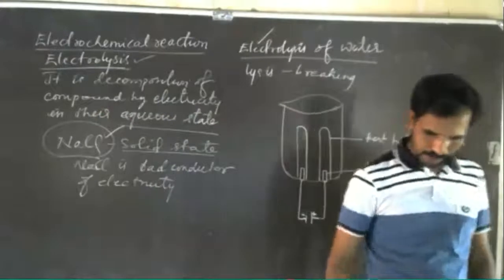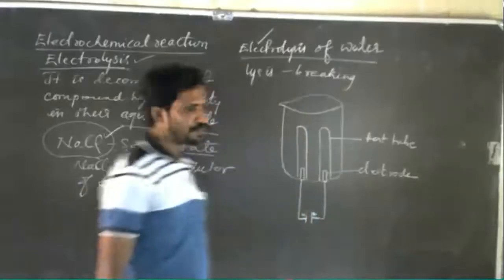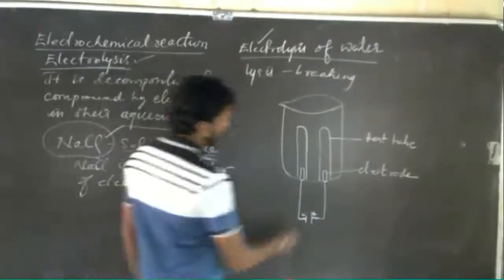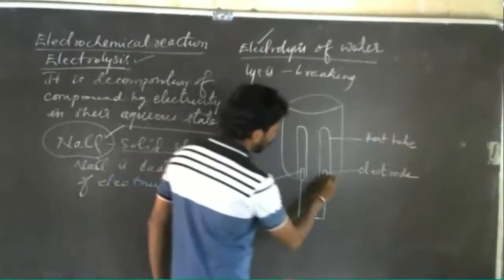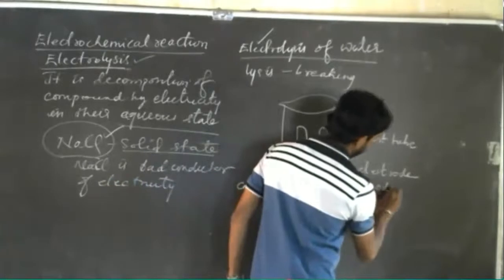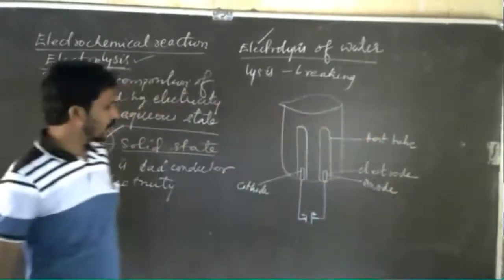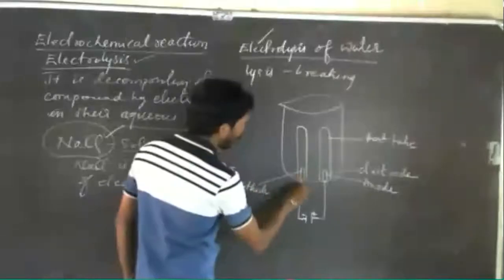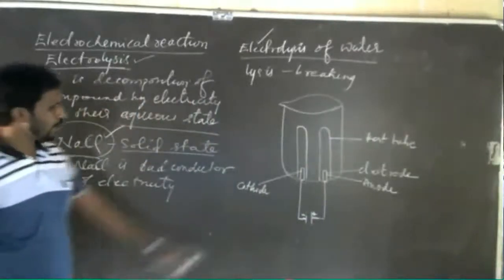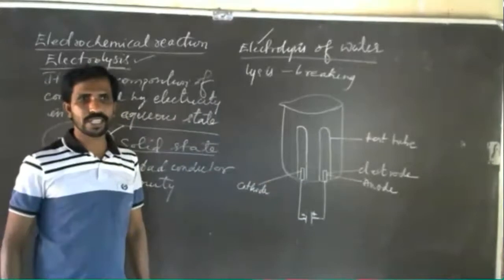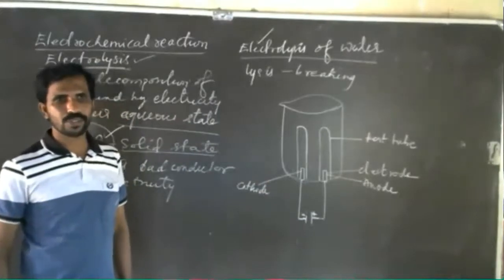Understood? So this is the cathode. This is the anode. The electrode which is connected to the negative terminal of the battery is called cathode.